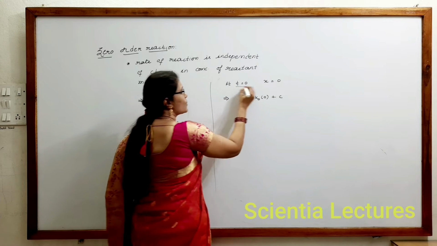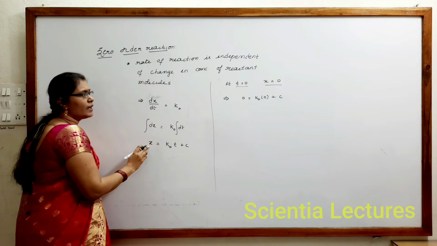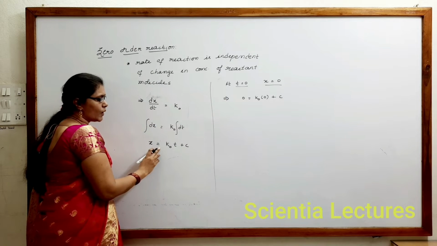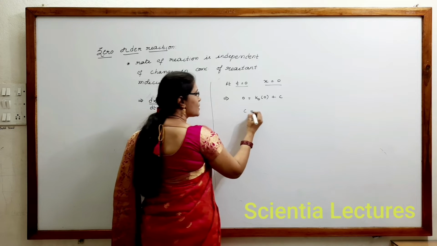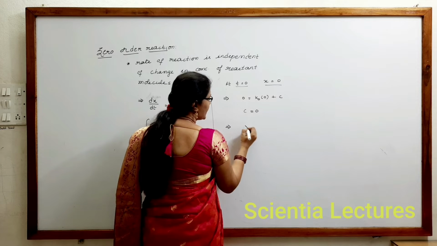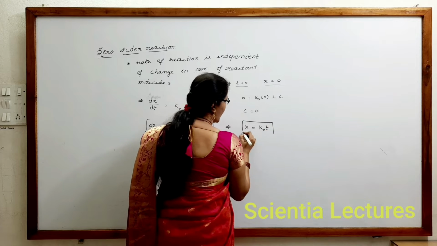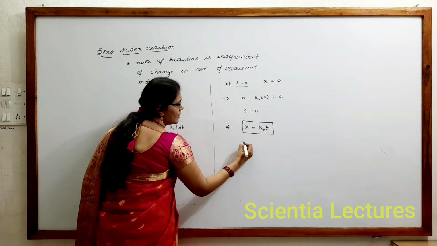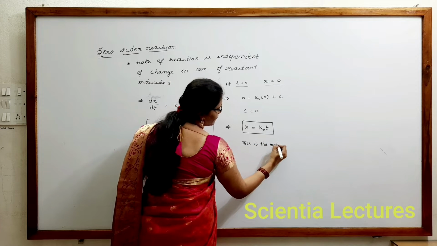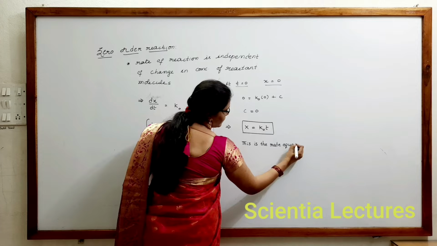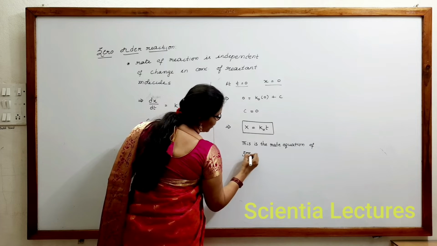So if you substitute those values in this equation, we get 0 equal to k naught into 0 plus c. So c is equal to 0, which implies x equals k naught t is the rate equation of zero order reaction.